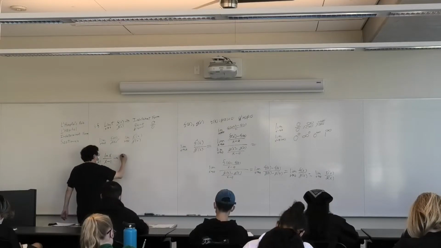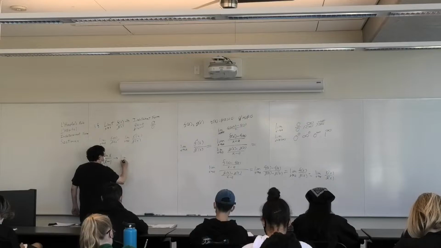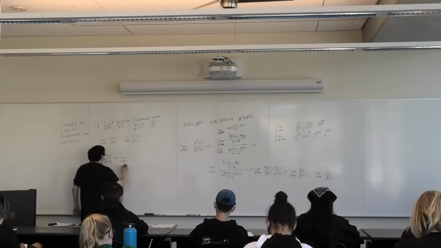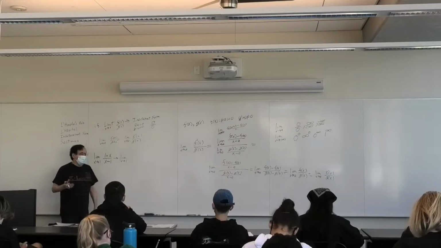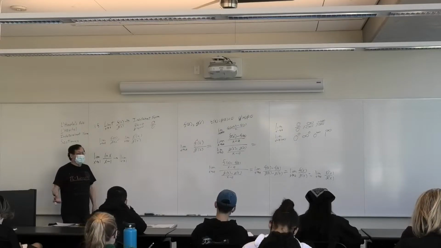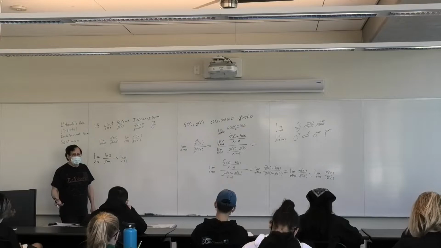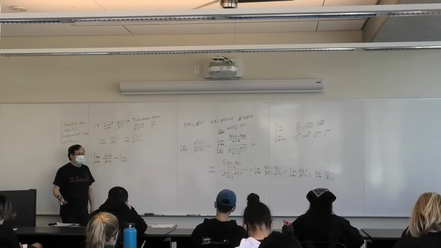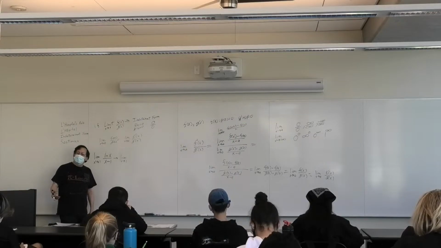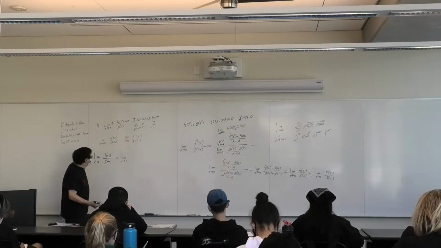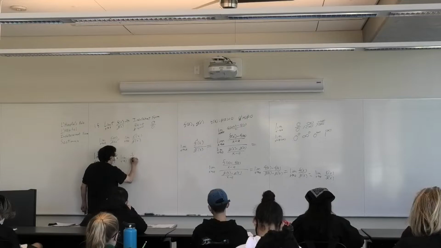L'Hopital's rule says this is the limit as x goes to 1 of the derivative of the log of x. We should all be conversant with that. That's the derivative of 1 over x, thank you.